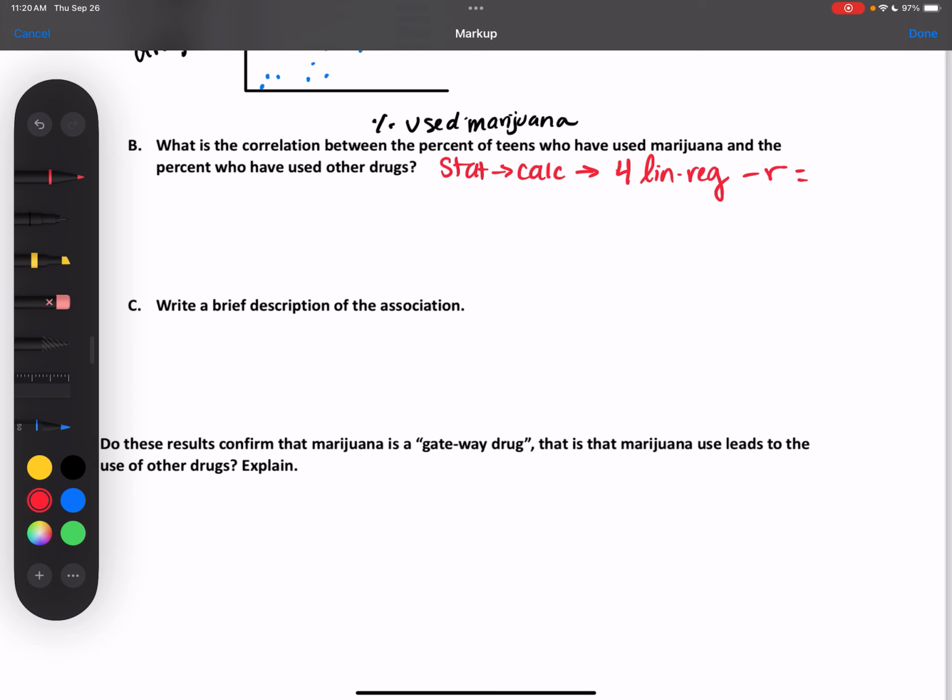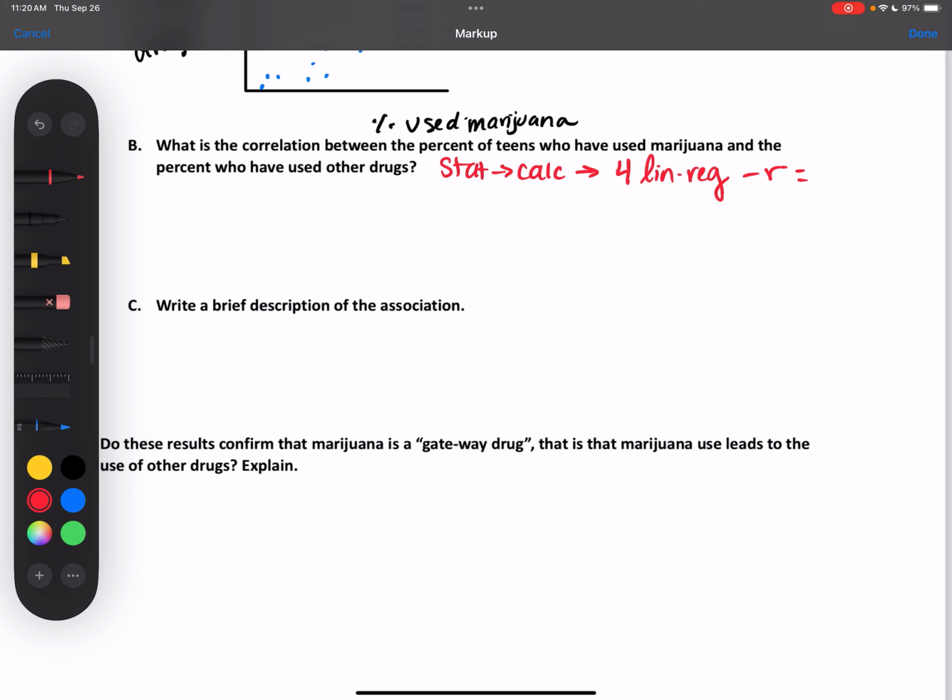Yeah, alpha and then this trace button at the top. And then arrow down to calculate, and it'll run it for you. And so the equation of our line would be y equals 0.54x minus 2.37.